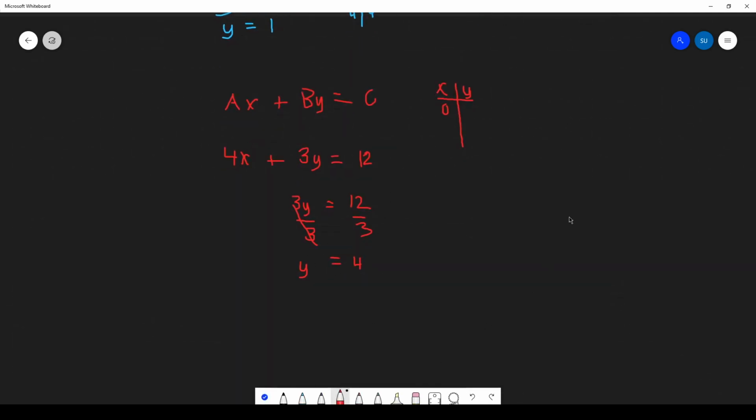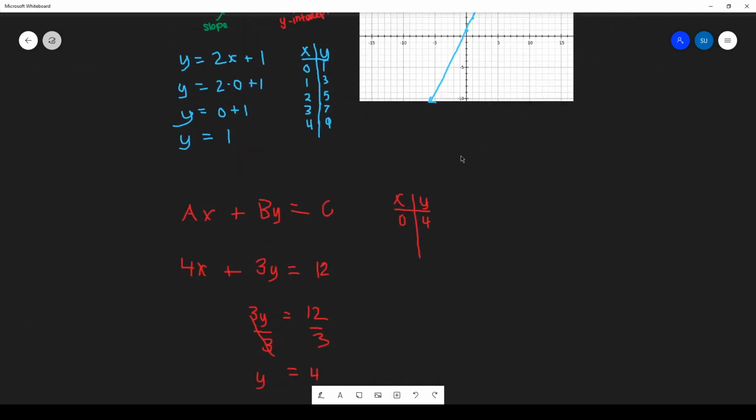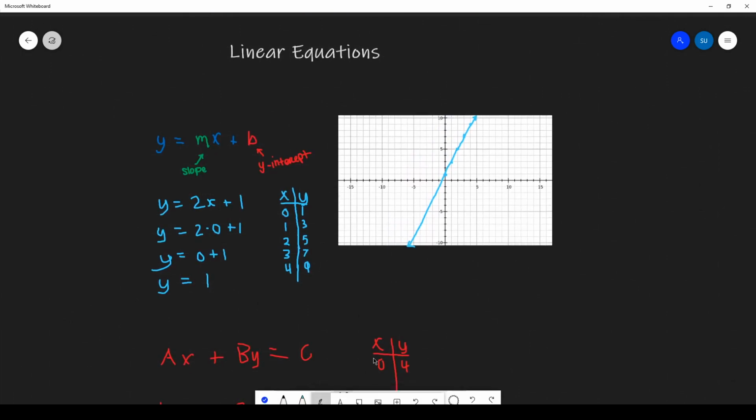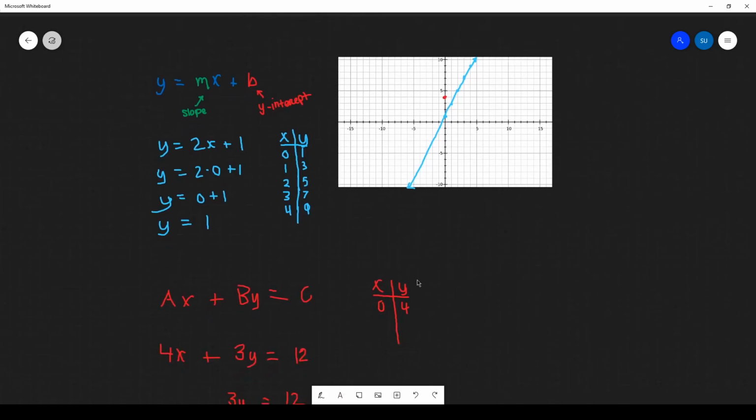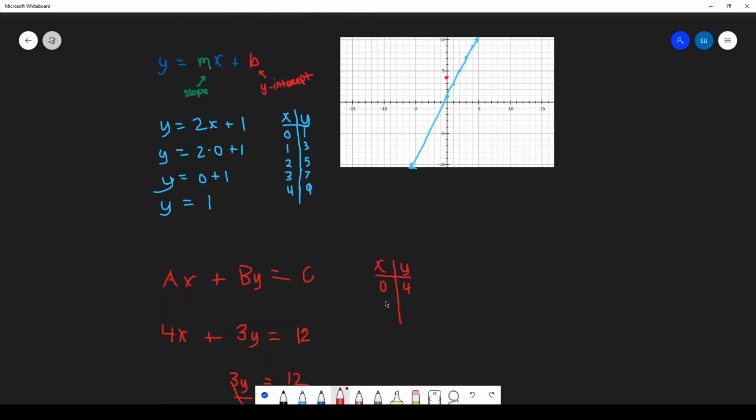So we see here that we get 0, 4 for our first point. So 4 is going to be our y-intercept in this case. 0, 4. Alright. And we can just keep on plugging in these points. When x equals 1.